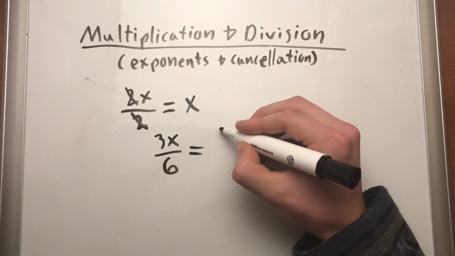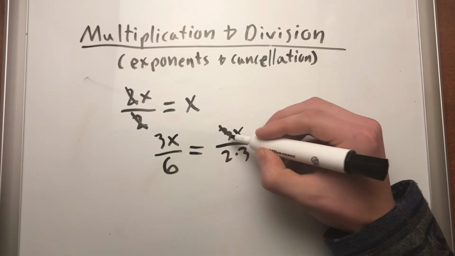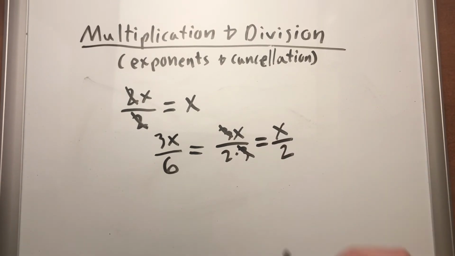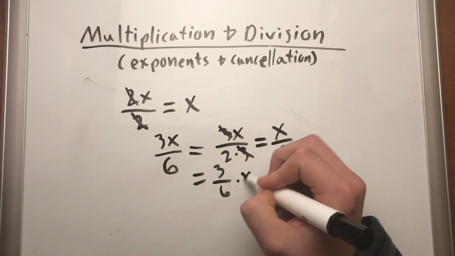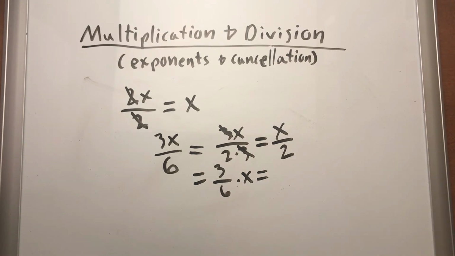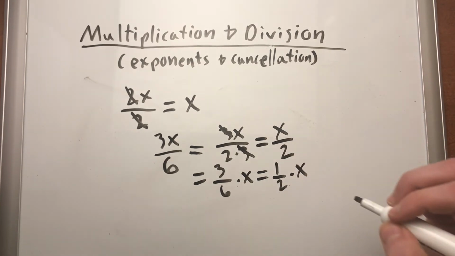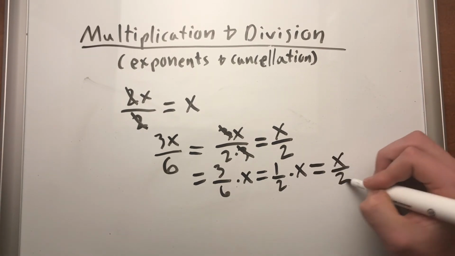Well, you can think of it as 3x over 2 times 3, in which case you would cancel out these 3's and be left with x over 2. Or you can think of it as 3 over 6 times x. And if you remember your simplification of fractions, 3 over 6 is just equal to 1/2. 1/2 times x would give us x over 2.